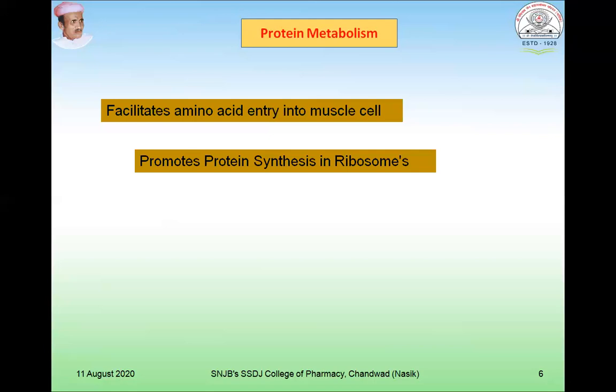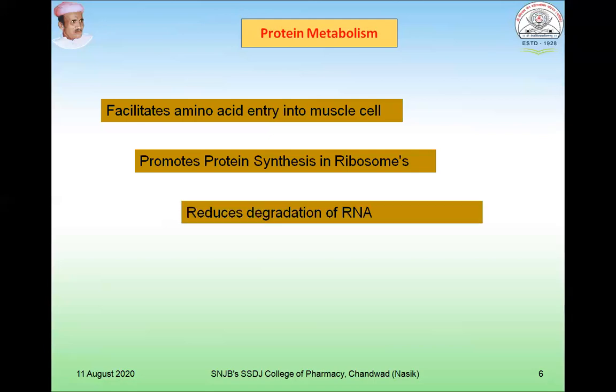Secondly, it promotes protein synthesis in ribosomes. This is achieved by induction of gene transcription for various proteins by insulin. Insulin also causes decreased degradation of RNA.